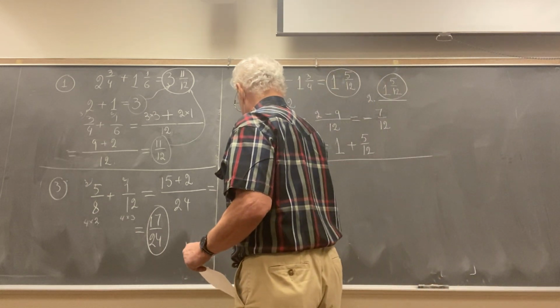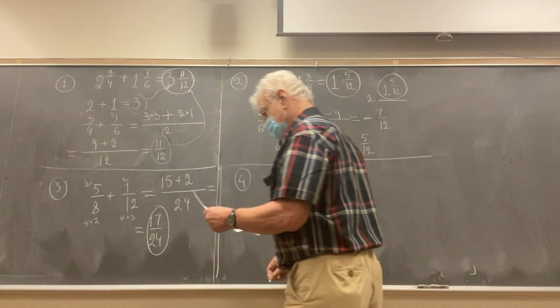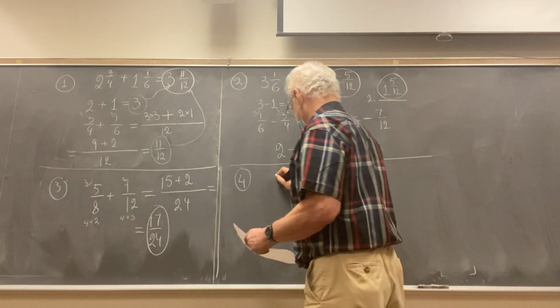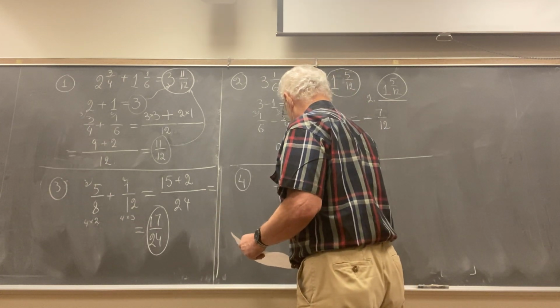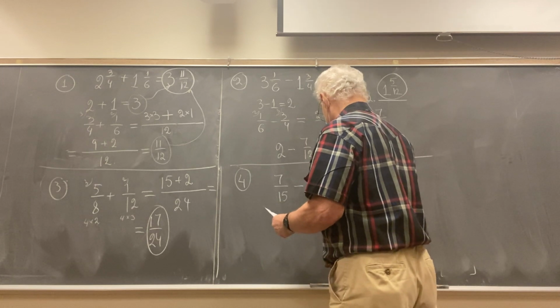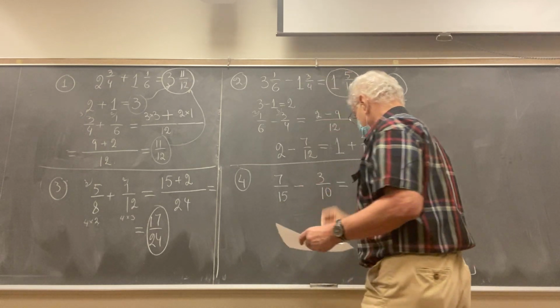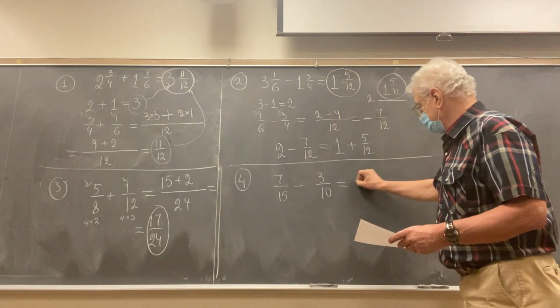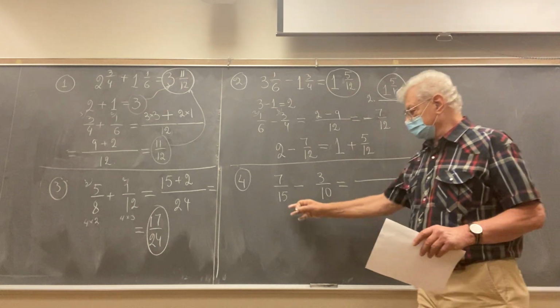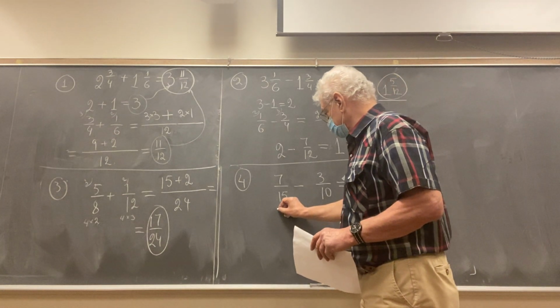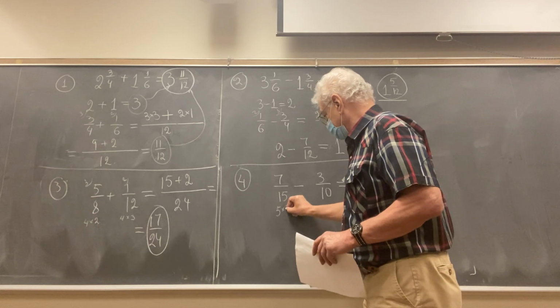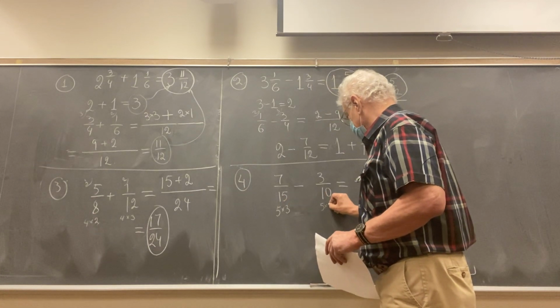Number 4. Subtract 7/15 minus 3/10. Again you have to write common denominator. What is the common denominator? Let's look. Here you see 5 times 3, and this is 5 times 2.